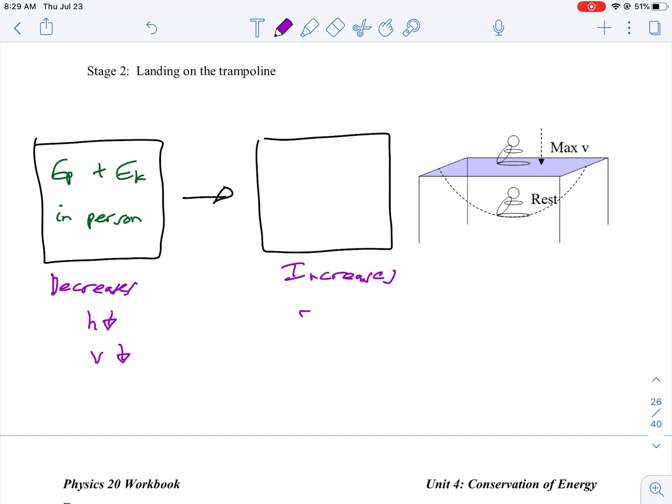So it stretches the trampoline. And so that is a spring energy. So this represents spring energy. In what object? Well, now it's in, we can just say the trampoline.